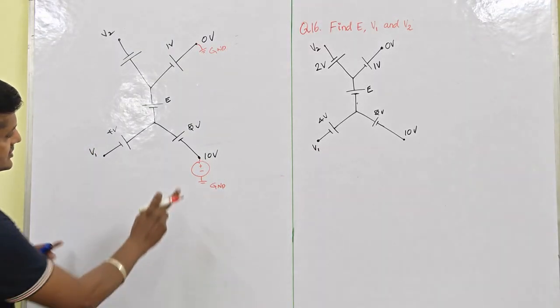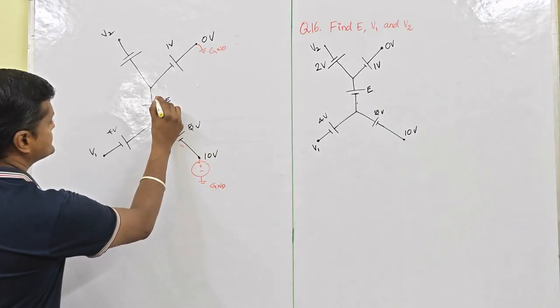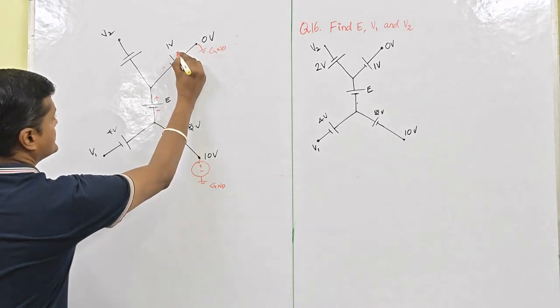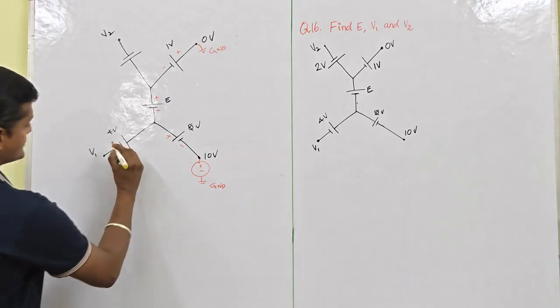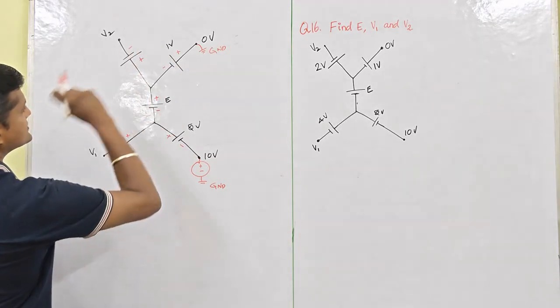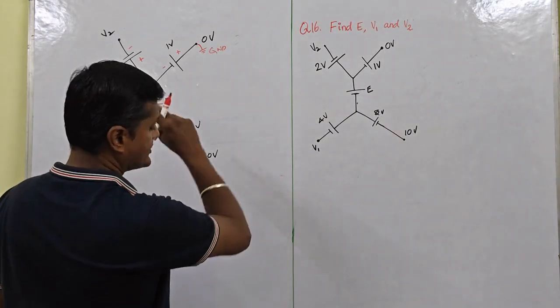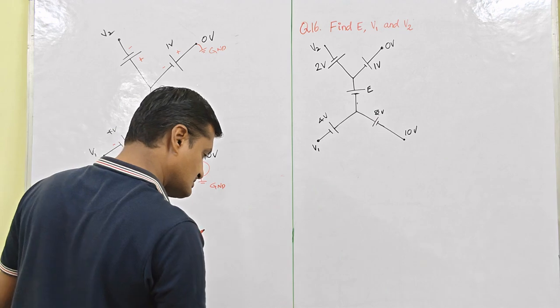Right? So polarity mark பண்ணா, this is minus polarity, plus minus plus minus and plus. So இங்க அதே மாதிரி this minus plus and this is minus plus, right? So another, that is V2, minus plus, right?